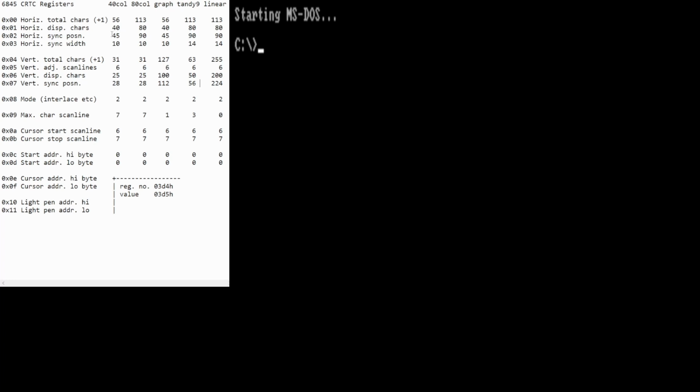Now, the other 2 values are to do with the horizontal sync pulse. This is a pulse that the monitor needs to know when it has to retrace to the left-hand side of the screen. And this happens after 45 characters in the horizontal direction. And for whatever reason, this pulse is 10 characters wide.